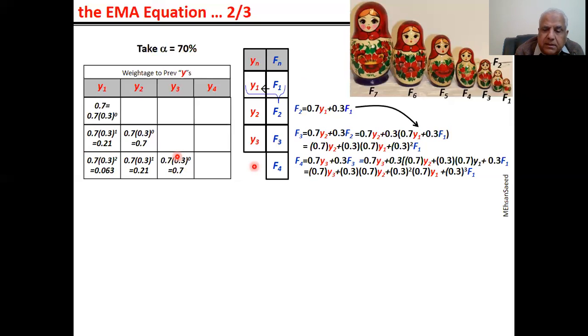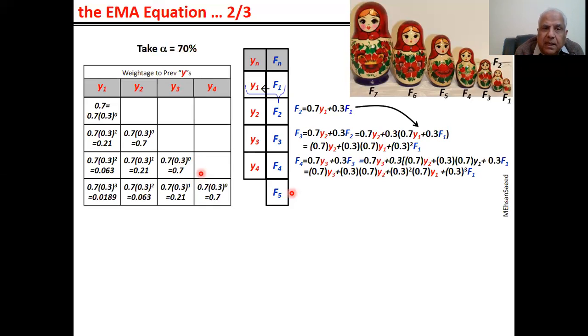We assume that the actual value of house number 4 was Y4. We have got data for house number 4, actual and forecast. We can find out the forecast for house number 5 by taking 70% of this, 30% of this, and I don't want to clutter this slide with more expression.